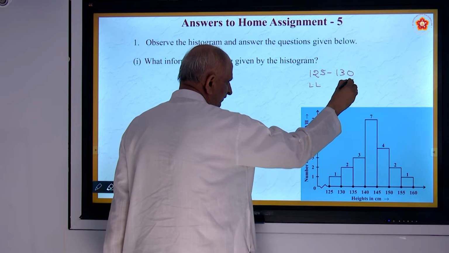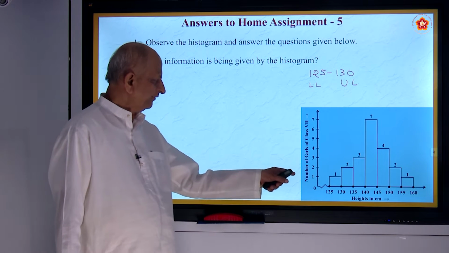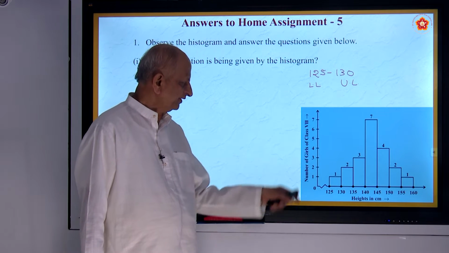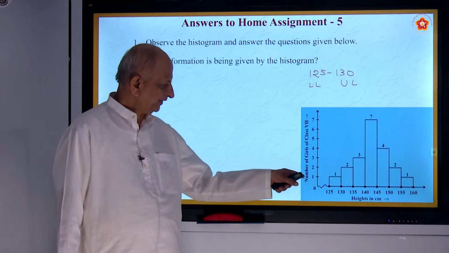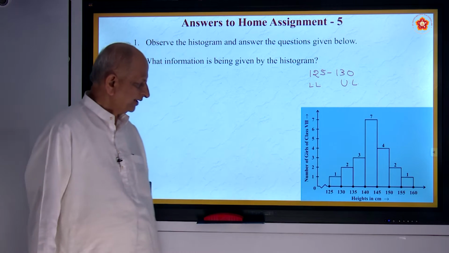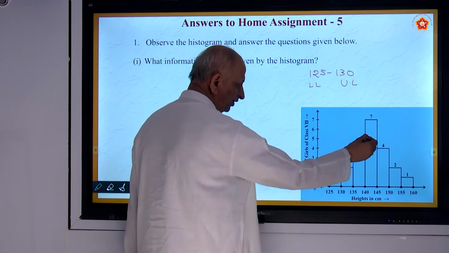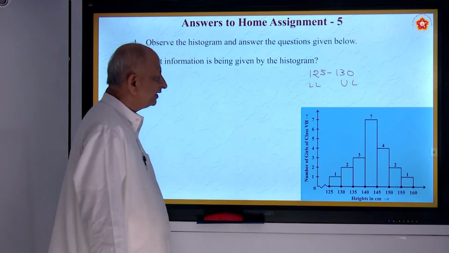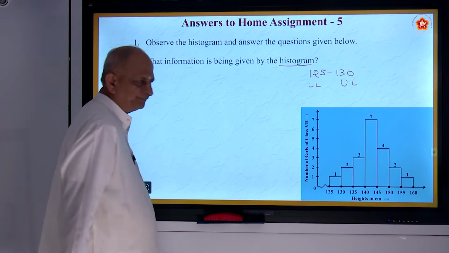What is the upper limit? 130. This is the number of girls in class 7th. That is what we call frequencies. This is class intervals. And these are bar diagrams attached to each other. There should not be any gap. And that is why it is called a histogram.